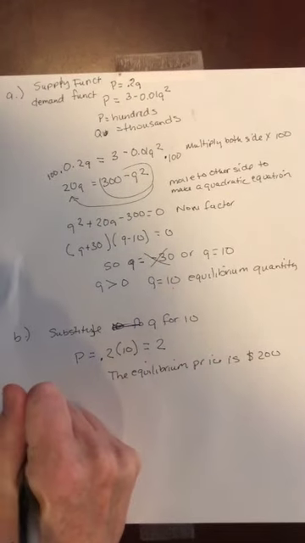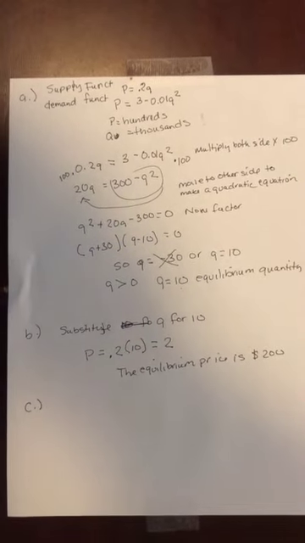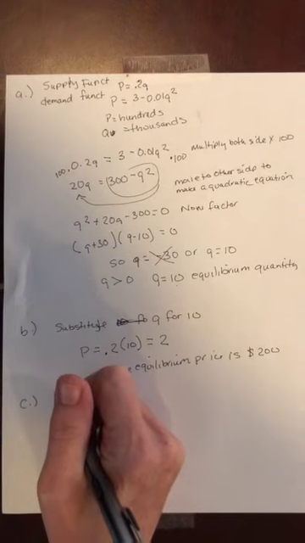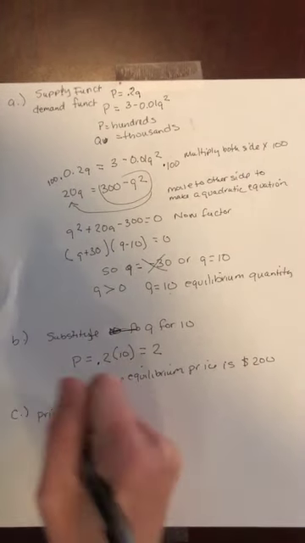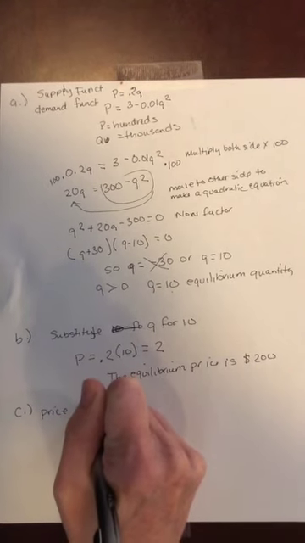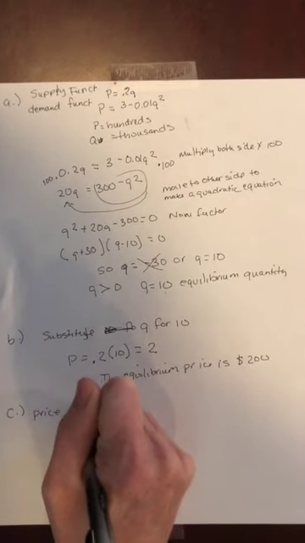All right, and C, the last part of this problem. If the price of the product is set at 115, I mean not 115, it's 150.